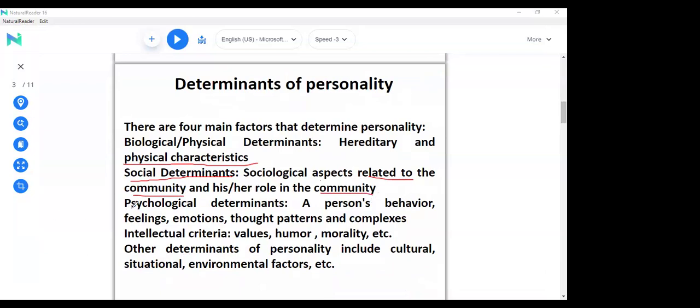Here the psychological one: a person's behavior, feeling, emotion, thought patterns, and complexes; intellectual criteria, values, humor, morality, etc. Other determinants of personality include culture, situation, environment, factors, etc. Sorry for the mispronunciation.